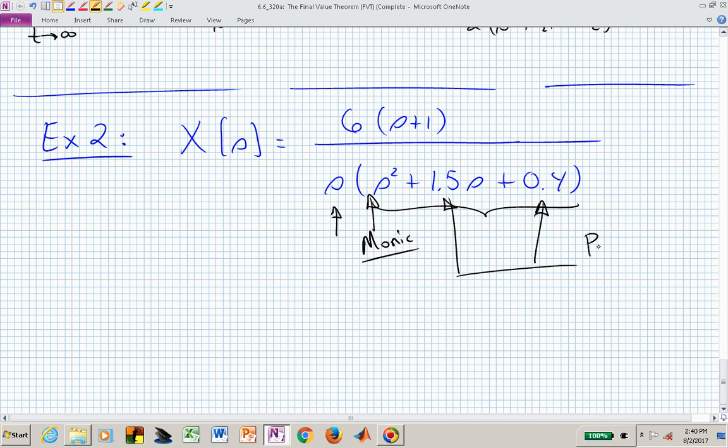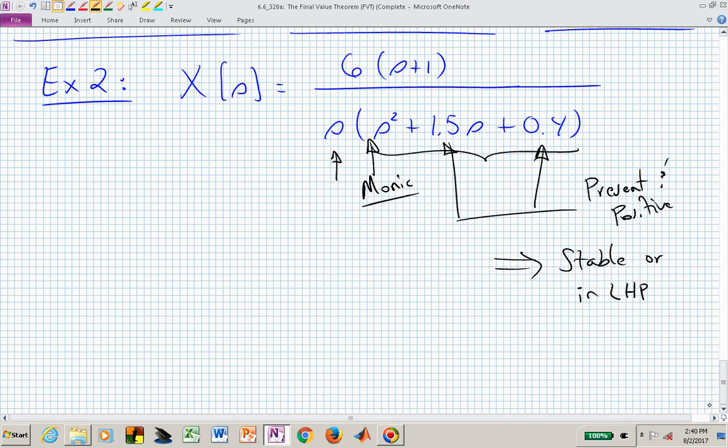These are present and positive, which means that they are stable, or that they're in the left half plane, those poles or those roots.